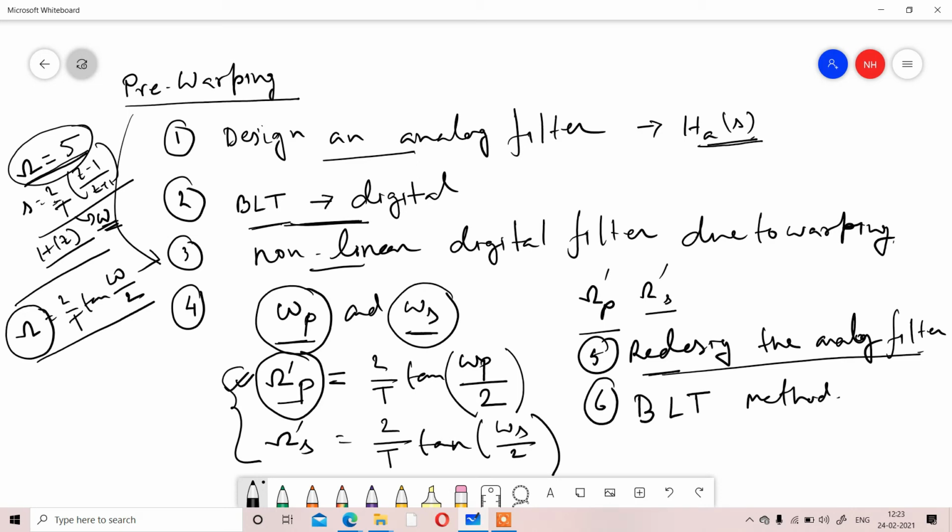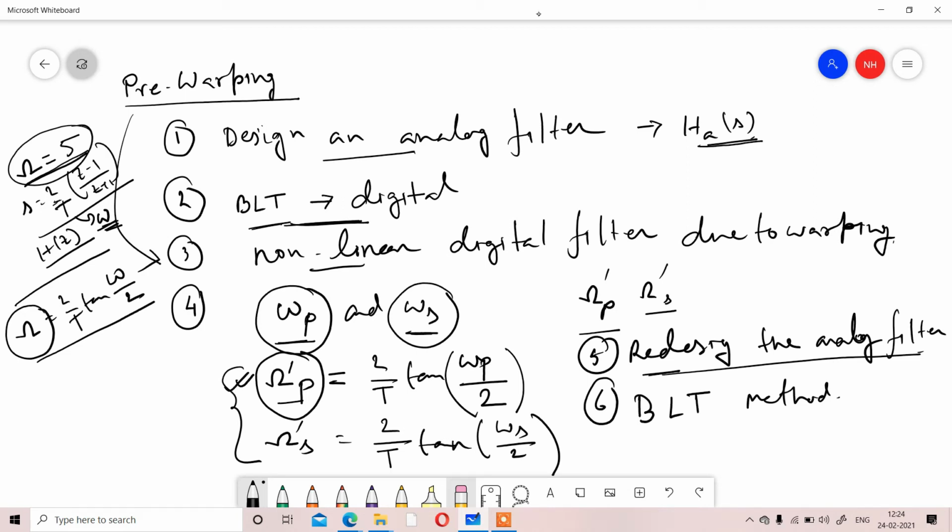Using that analog frequency, we redesign the analog transfer function. Obviously that analog transfer function will be a little different from the previous one, and over it we again use the BLT. If we do that, the characteristics of the digital filter will be linear. That process is called the pre-warping process. We have to do that if we use the bilinear transformation method.